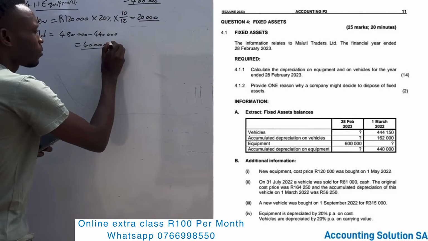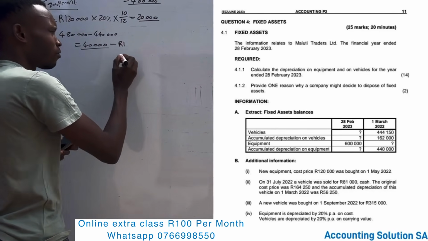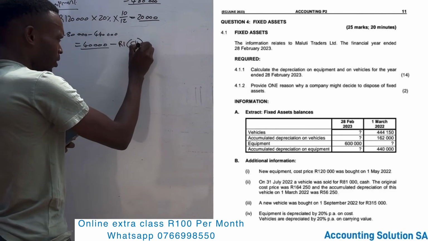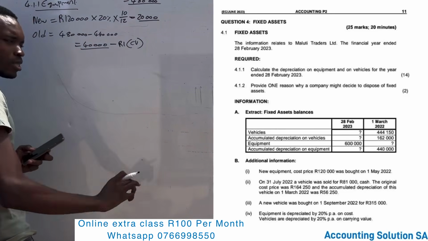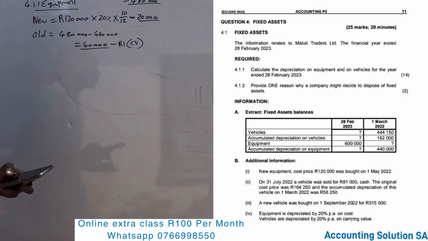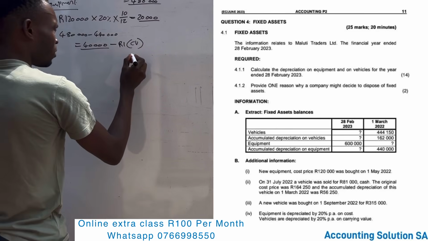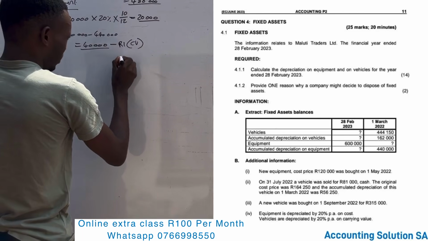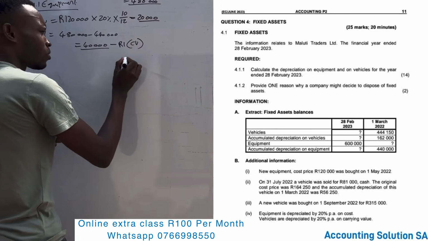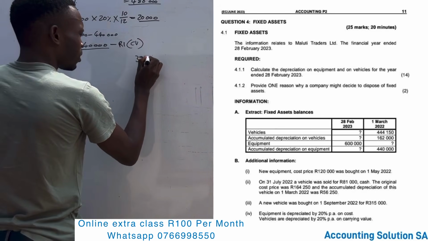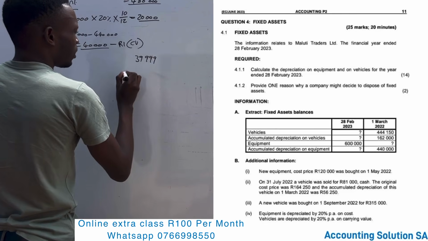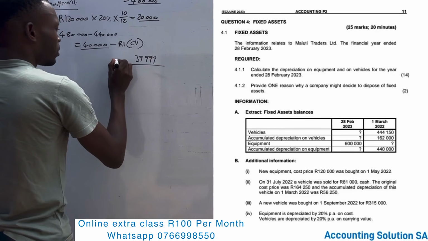This 1 rand is the carrying value, and if you subtract these two, it gives us the depreciation: 40,000 minus 1 rand is going to give you 39,999. This is the depreciation.